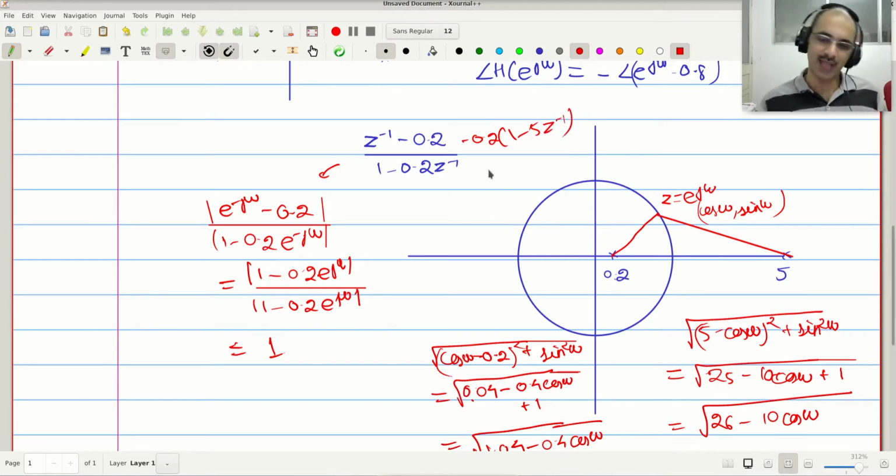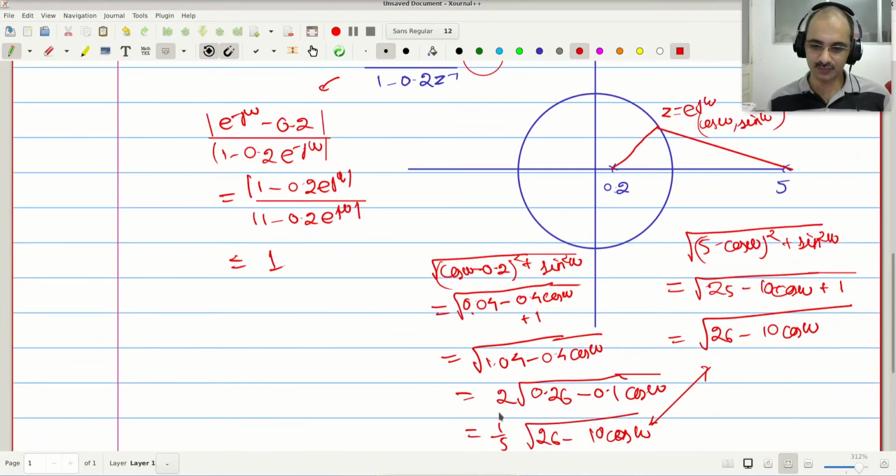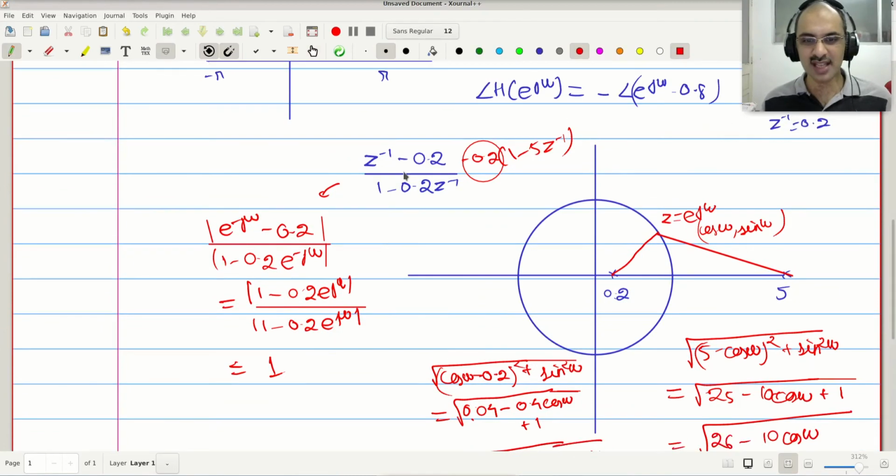Right? Now that 0.2 extra appears as 1 by 5 over here. That's why this is happening. So this is actually a special type of system. This is called the so-called all-pass system because, interestingly, the magnitude response does not depend on omega. It is constant throughout.